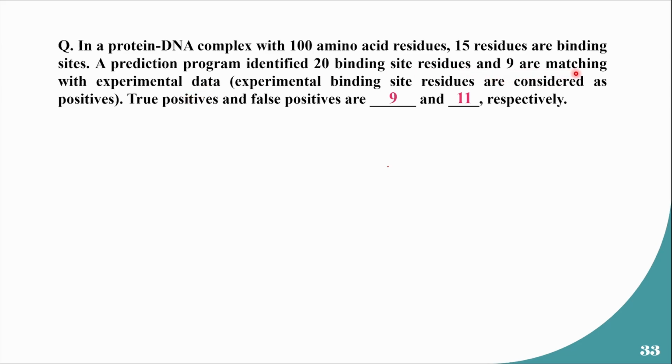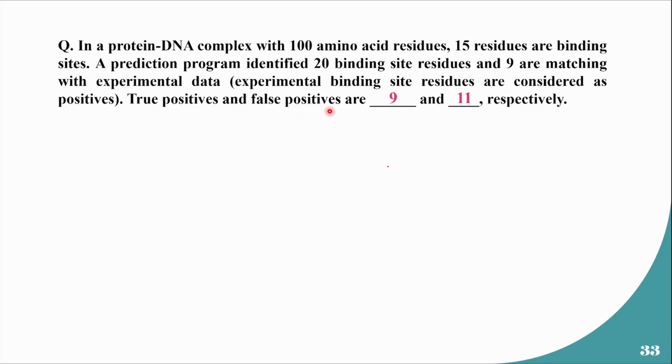That means these 9 were also positive in the experimental data and correctly identified as positive by the prediction model. So here we will have the true positive number as 9. That means of the 20 binding site residues, other than those 9, the 11 other binding site residues predicted by the model were incorrect predictions, right? Those were marked as positive by the prediction model.